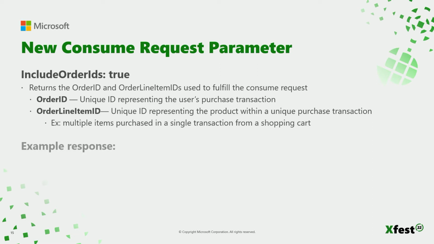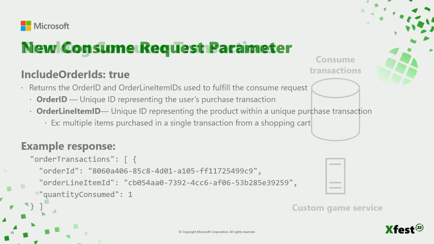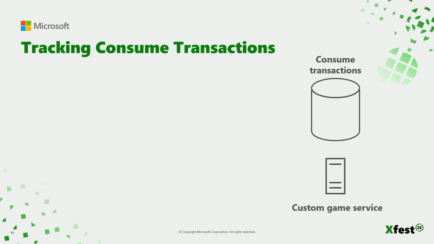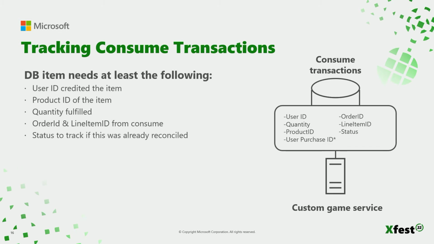As seen in this example response, the quantity used to fulfill the consume request from that order is also listed. To properly use clawback reconciliation, you should be tracking the following within your service for each successful consume or fulfillment request. Specifically, the ID used to track the user within your system, the quantity consumed, the product ID, and the order IDs.